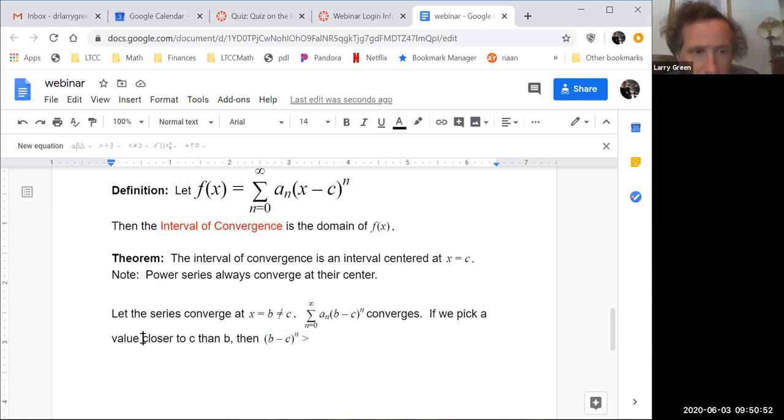I need to give it a letter, maybe t. It will be greater than t minus c to the n, at least in absolute value.